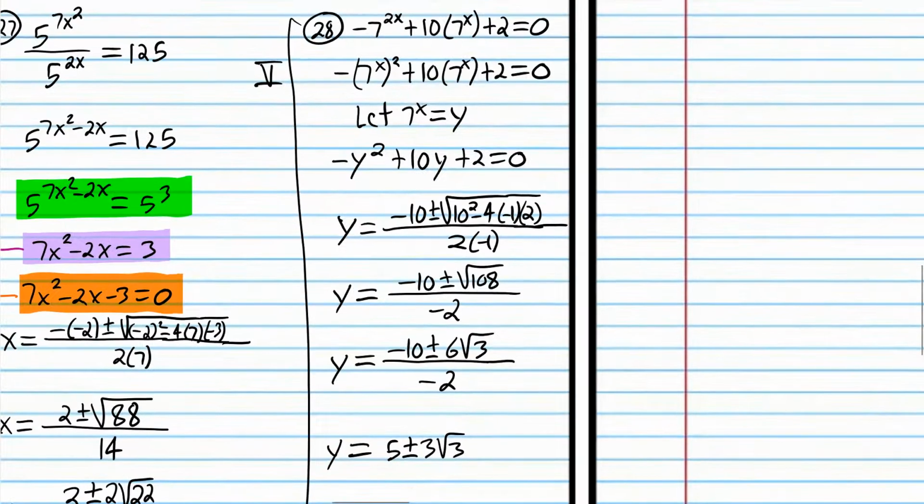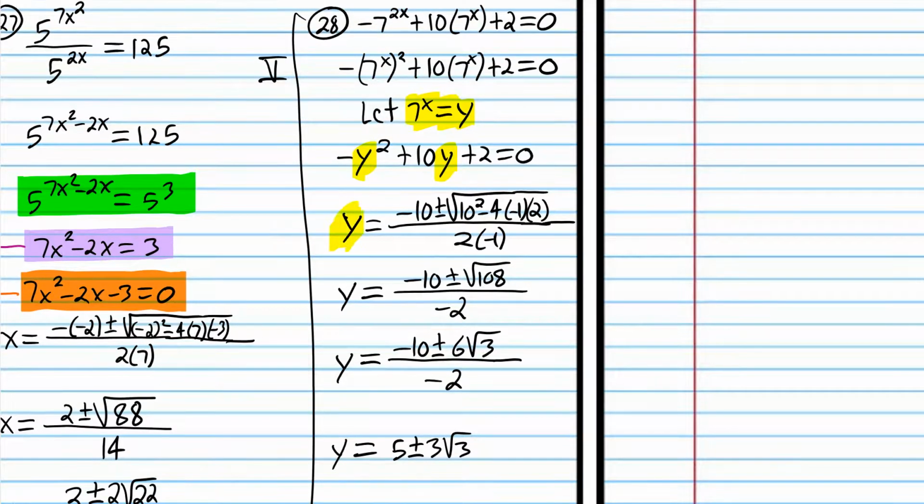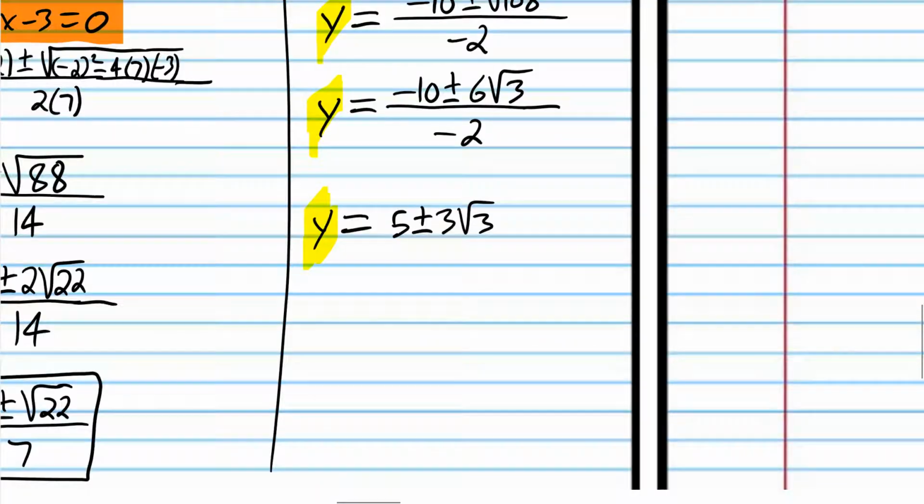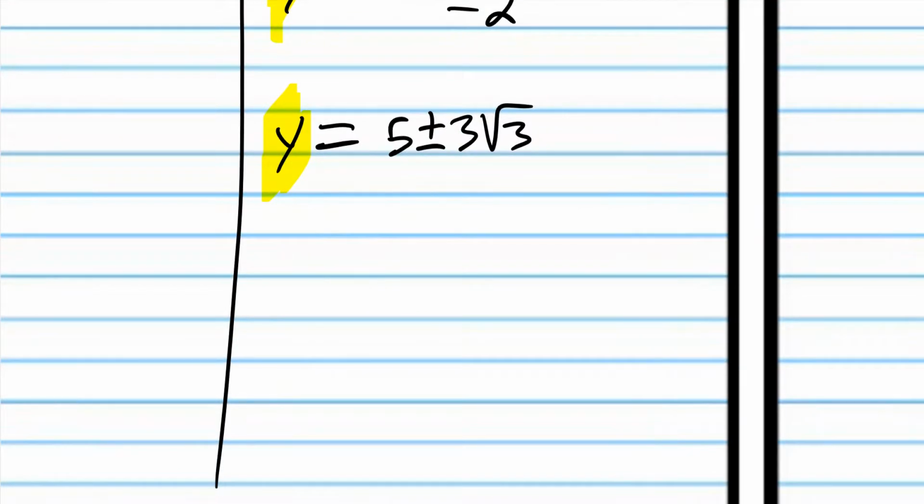But remember that we're not looking for y. We're looking for x. So y is equal to 7 to the x power. So plug in 7 to the x, where we have y.